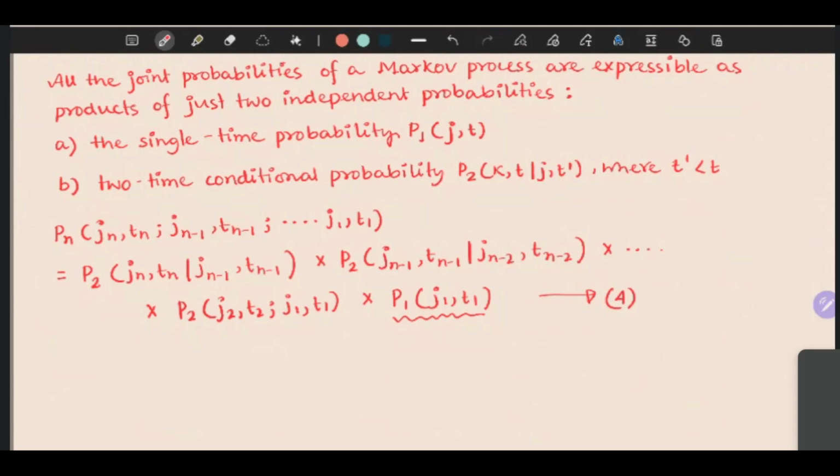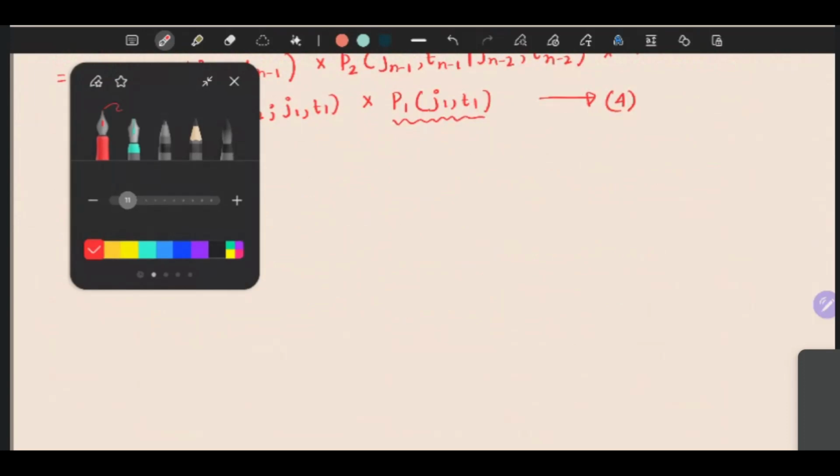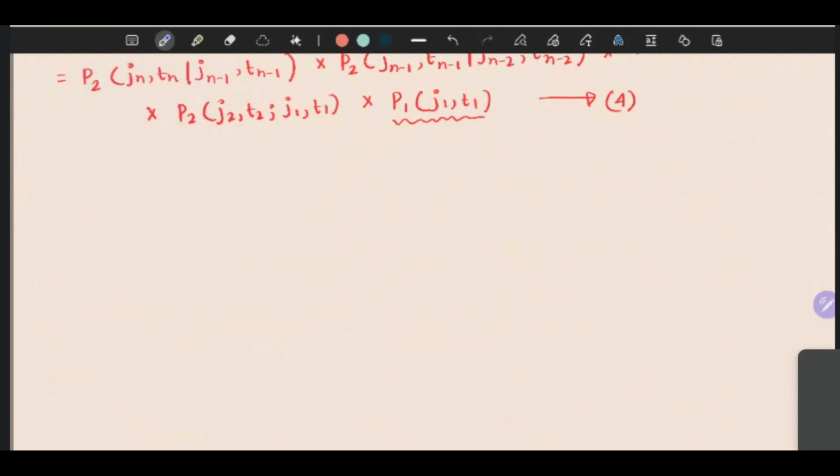Now for a stationary random process we can simplify it further.